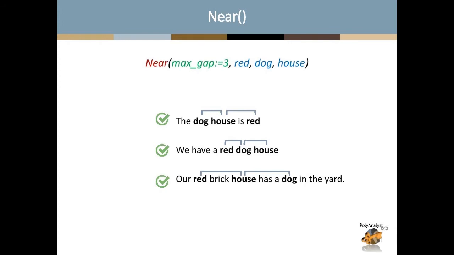So dog and house, house is red. So dog house, house is red. Those are within 3 of each other sequentially, so we're fine. We have a red dog house. Again, any 2 words along that sentence are within 2 or within 3, so the query matches. And then our red brick house has a dog. Once more, we're good. Red brick house, within 3. House has a dog, again within 3, so we're okay.